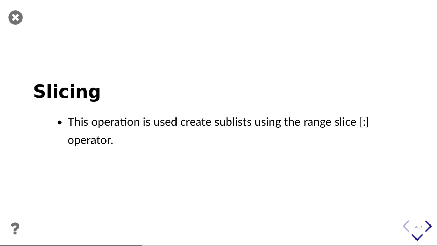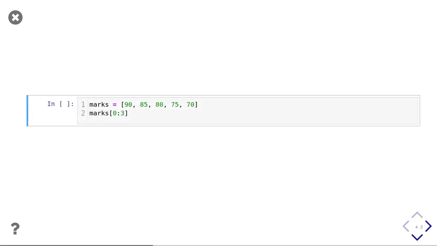We already used this operator in strings also. The same kind of approach we are doing here. So for example, consider this is my list marks and we have 90, 85, 80, 75 and 70. Now I am going to print the first three subject marks.